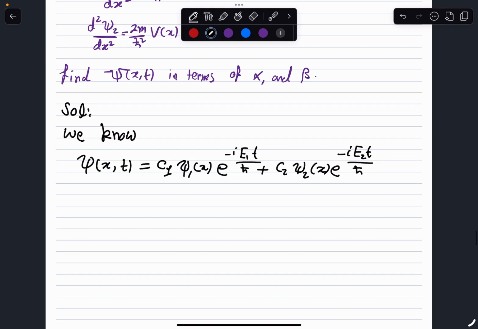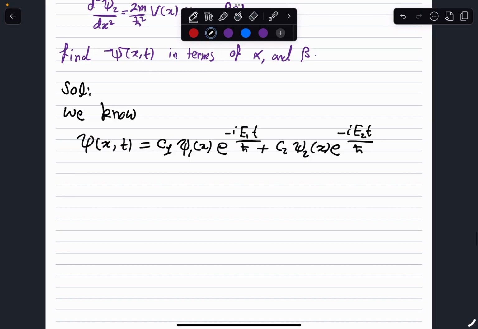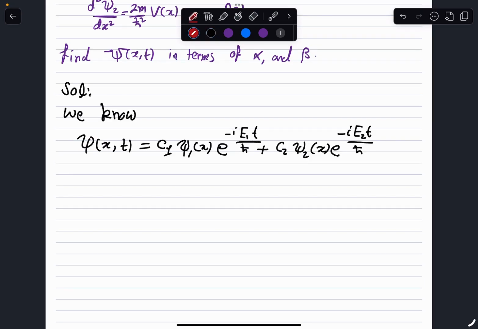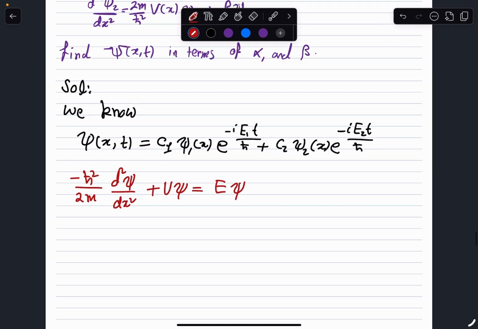So what we need now is to find E1 and E2. But we know also that from the time-independent Schrodinger equation, minus h bar squared over 2m, the second derivative of psi, plus V psi equals E times psi.